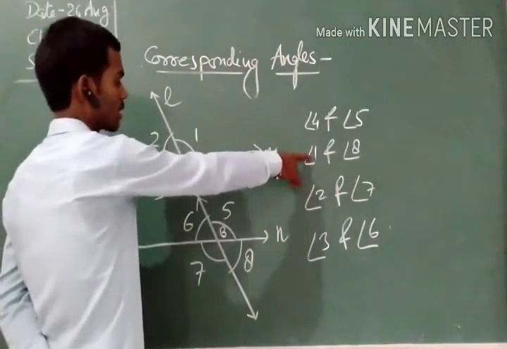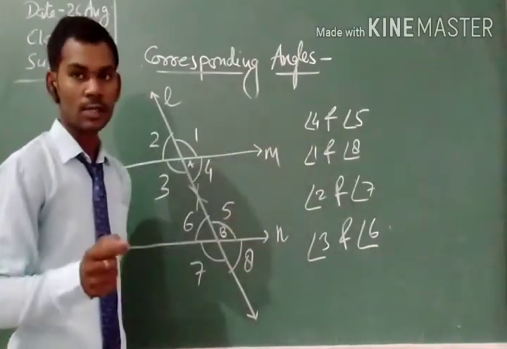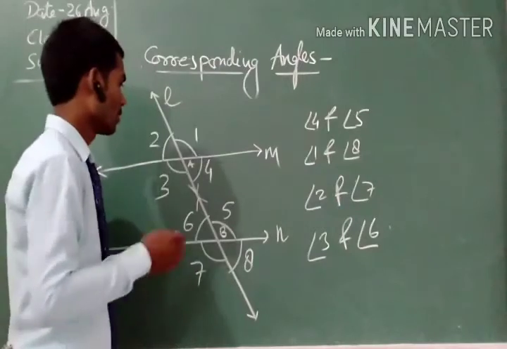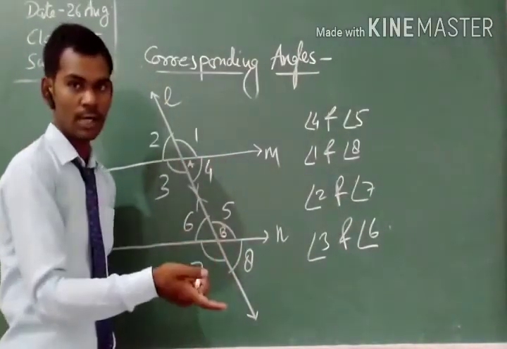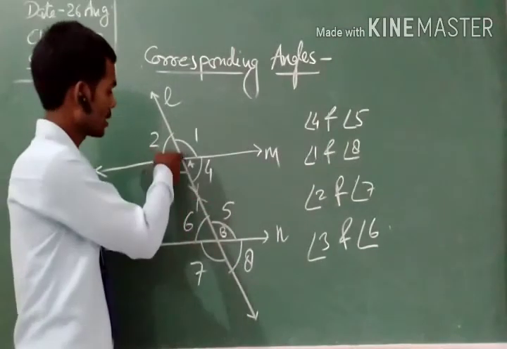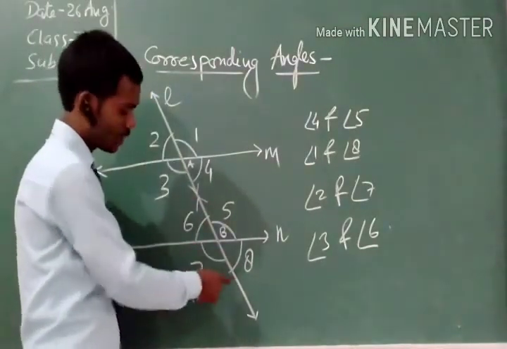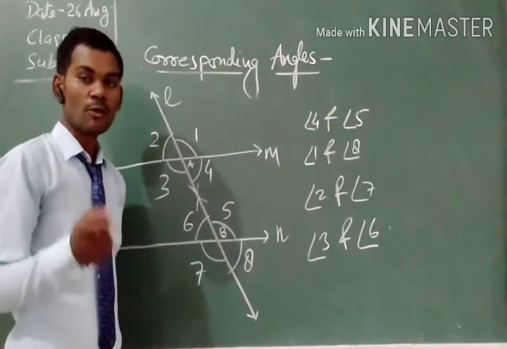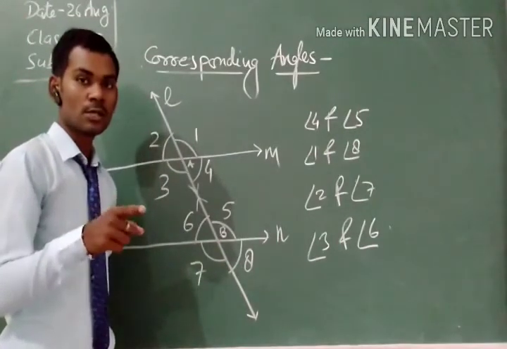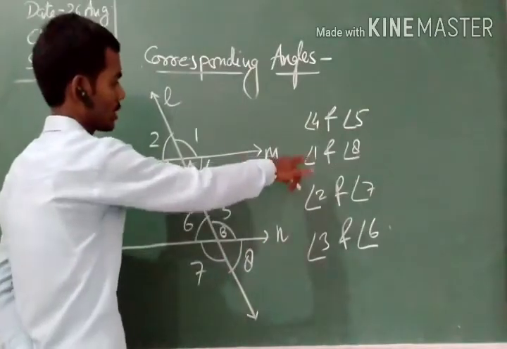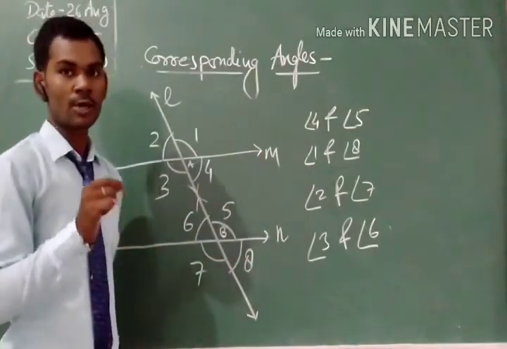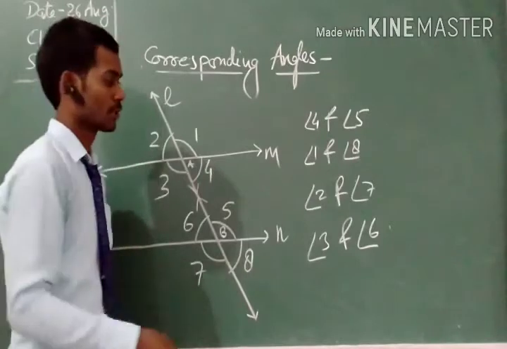The next one is angle 1 and 8, which are corresponding angles. Why? Because their one arm is on the same side of the transversal and the other arm is formed by the transversal pointing in the opposite direction, so angle 1 and angle 8 are also corresponding angles.